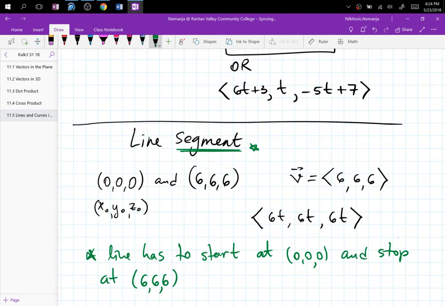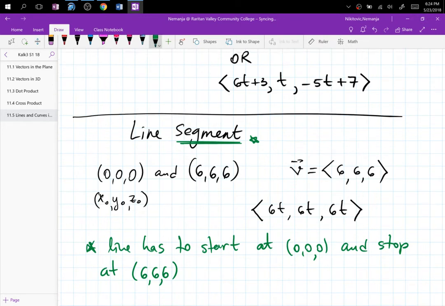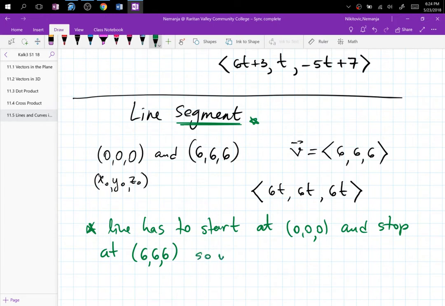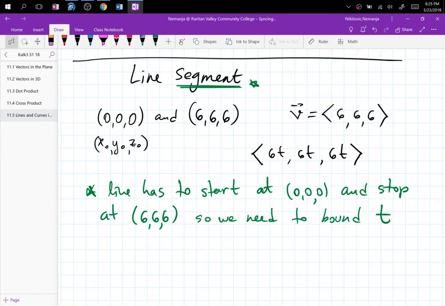Now, this never stops the way it's written. So we need to bound t. And we achieve that by simply saying that in this particular case, t has to be between 0 and 1.